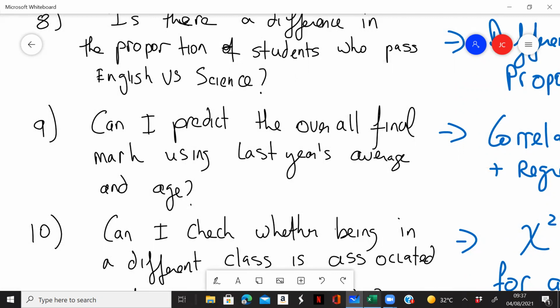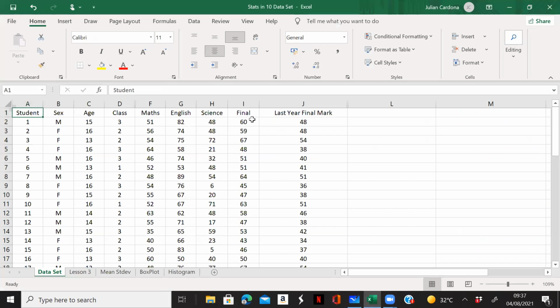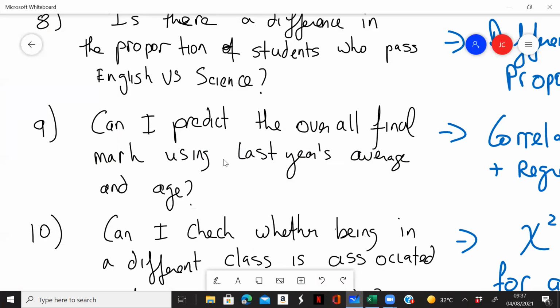Remember, my data set is a mock exam data set. And you all know what a mock exam is. If you have the exam in June, usually teachers give you a mock in April, just to give you a snapshot of where you are at this point in time. But ideally, the principal would like to make a prediction.